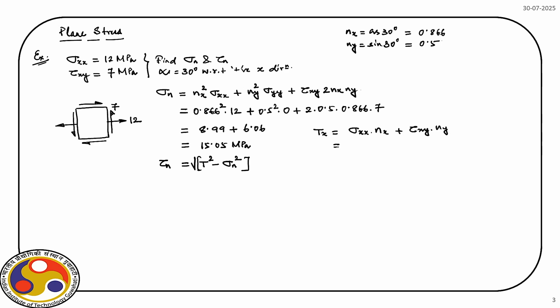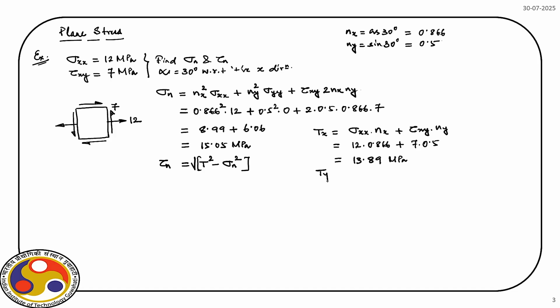So, sigma xx 12, n x is 0.866, plus tau xy 7, n y 0.5. If we calculate this quantity, we have 12 into 0.866 plus 7 into 0.5. So, that is 13.89 MPa.